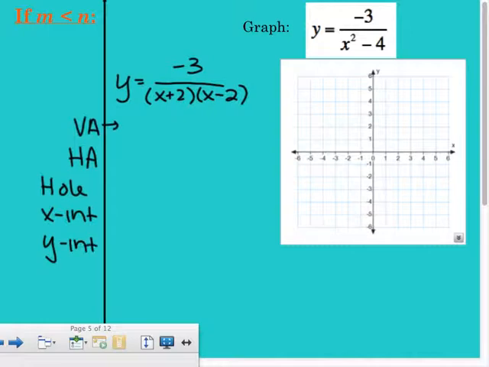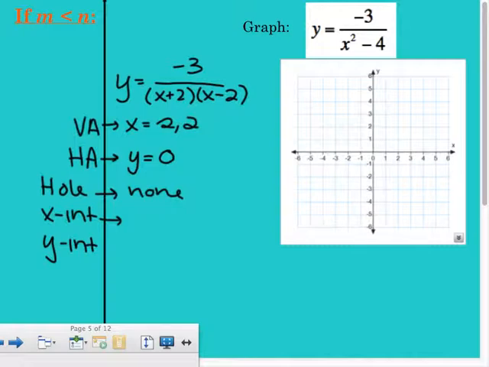And then I'm going to list all of my key characteristics. We're going to have two vertical asymptotes at negative 2 and 2 because that's what I get if I set the denominator equal to 0. M is less than n, so my horizontal asymptote is y equals 0. I don't have any holes because there's no factors in the numerator that are the same in the denominator.